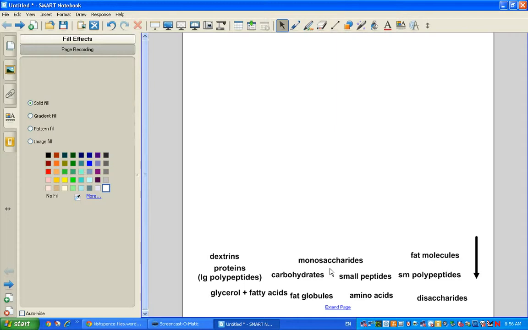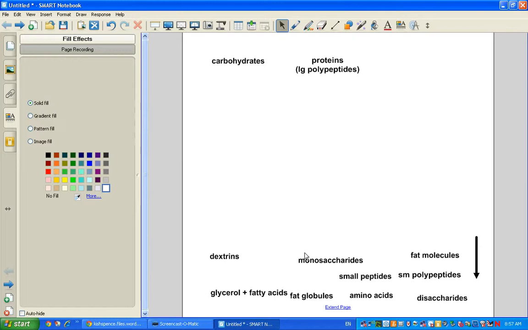The first one that we encountered was carbohydrates, so we're going to start with carbohydrates. The second one that we talked about was proteins, and the one we haven't talked about yet is fats. So we're going to come back to this and use it to get things organized.